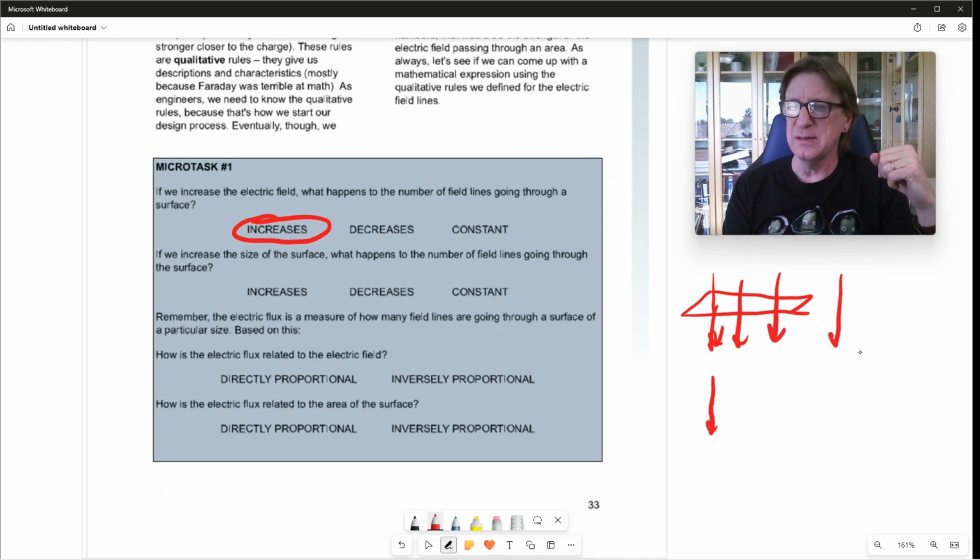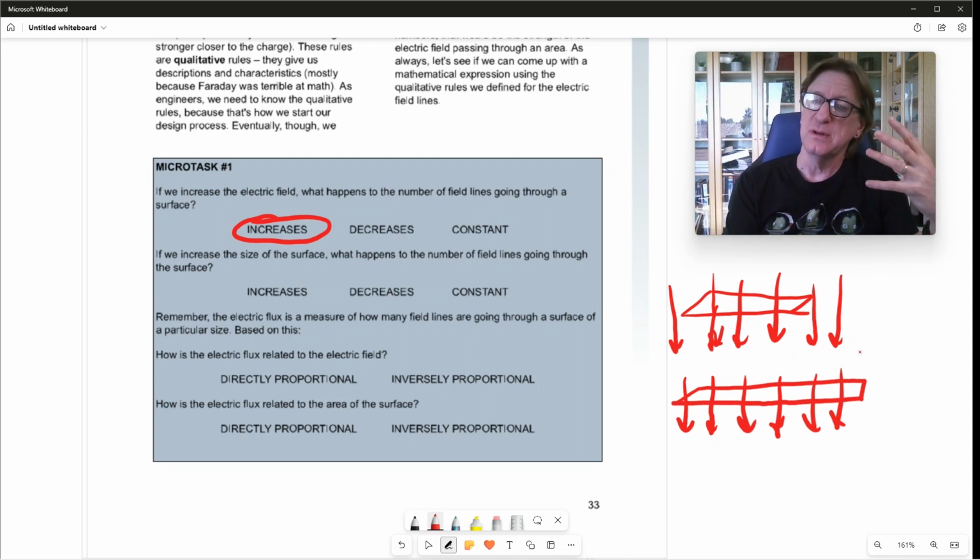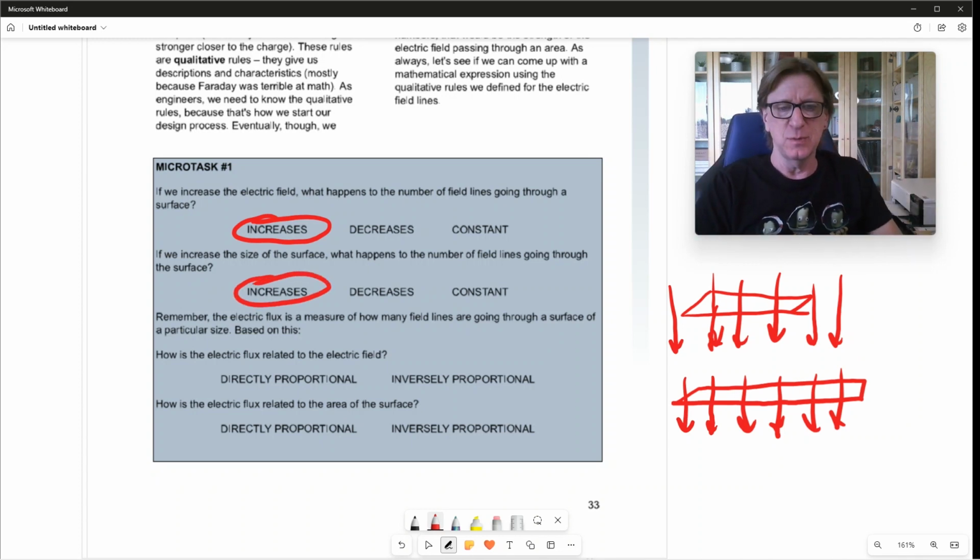And then maybe these are not penetrating. If I make this bigger, I'm going to keep the electric field exactly the same. But now I'm going to make my surface bigger. And you see that now I'm capturing more of those field lines. So as I increase the size of my imaginary surface, or real surface, it's going to increase the number of field lines going through there.